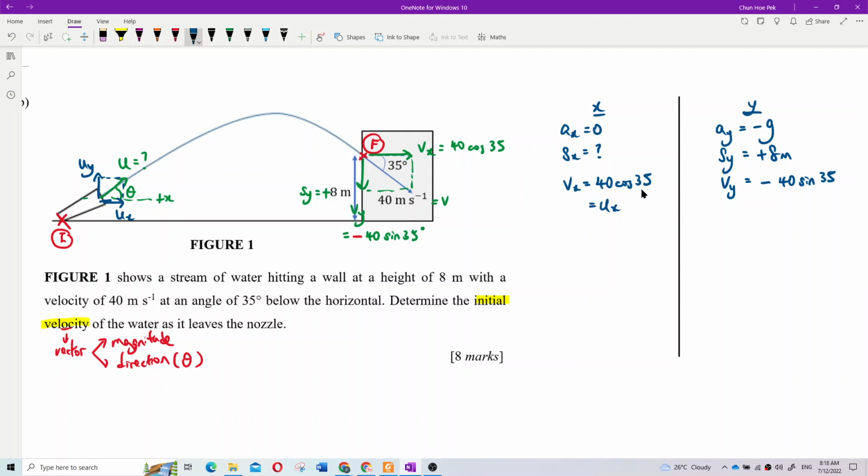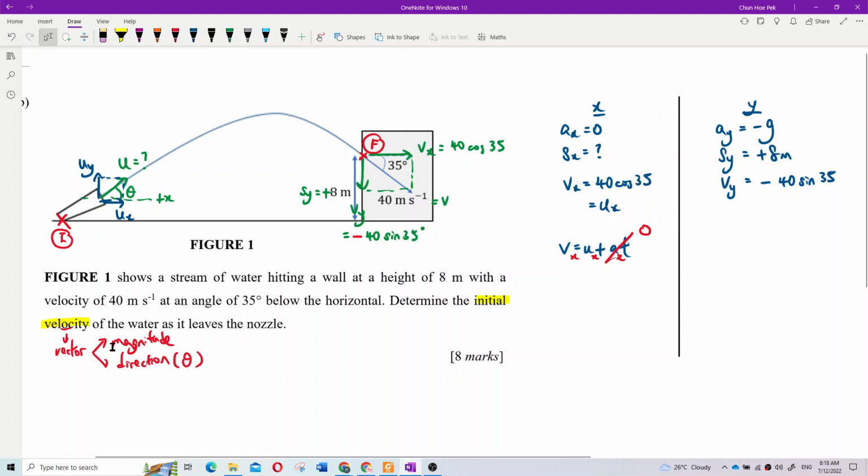Because v equals u plus at for the x component, and ax is 0, so vx equals ux. Constant velocity.